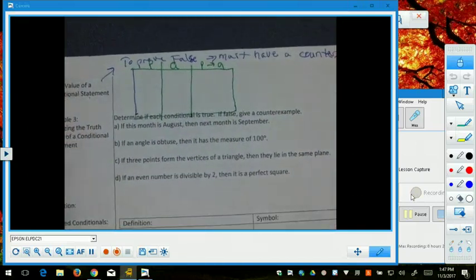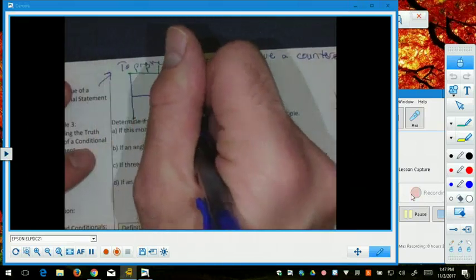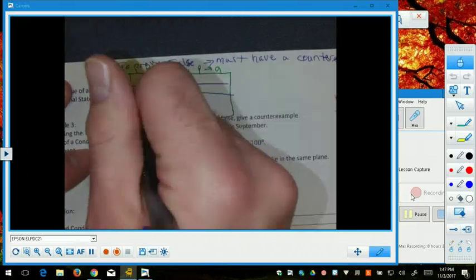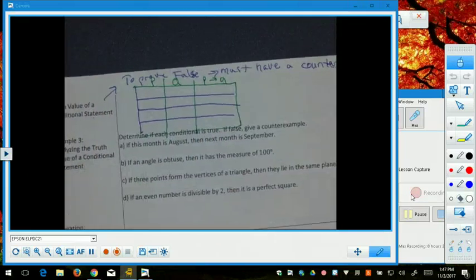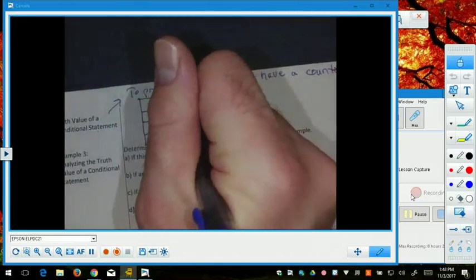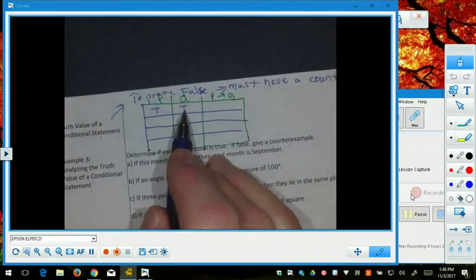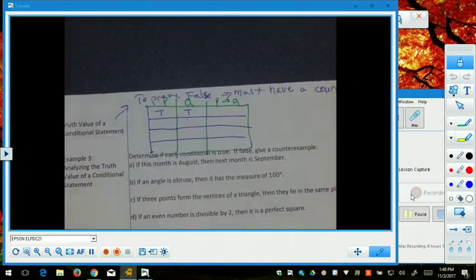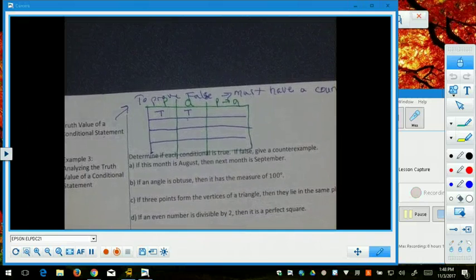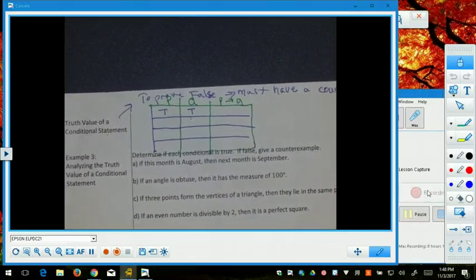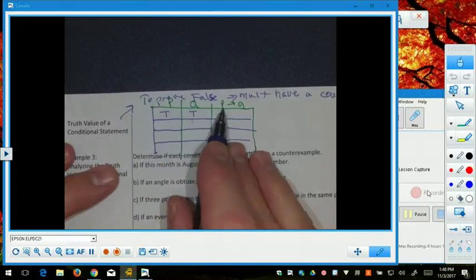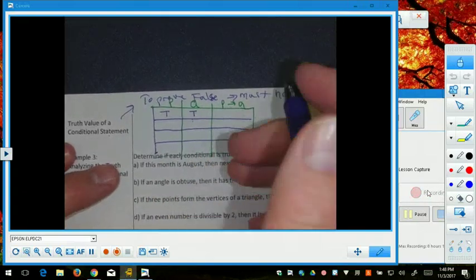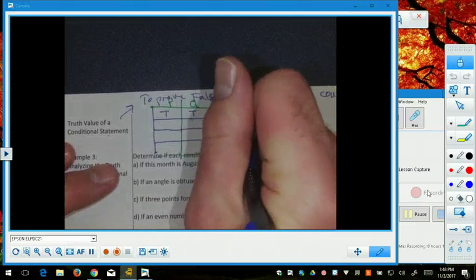So I have my hypothesis, I have my conclusion, and then I have my statement. There are 4 cases that we're going to look at, so we're going to split this table into 4 boxes. If the hypothesis is something that's true, and it leads us to the conclusion always, and the conclusion is something that really exists, then the statement, as long as this leads to this and you can't find any other counterexamples, is a true conditional.